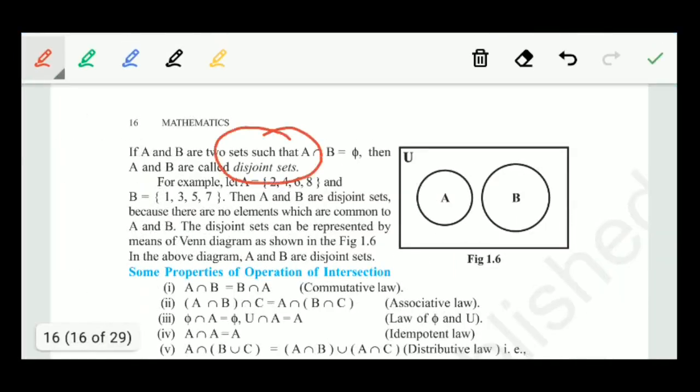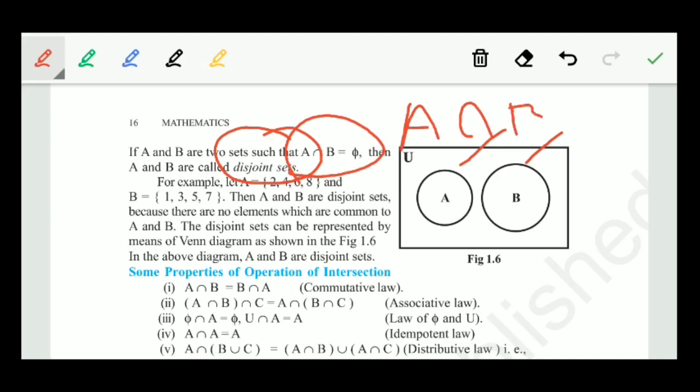See the Venn diagram of a disjoint set. There is nothing common, and we can write A intersection B equals to phi when they are disjoint.